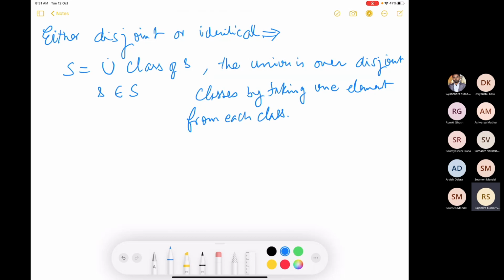And therefore, to study linear transformations, or for that matter matrices, it is better to study the equivalence classes.